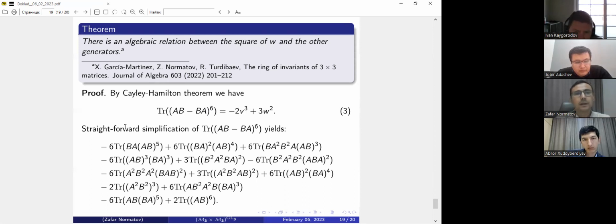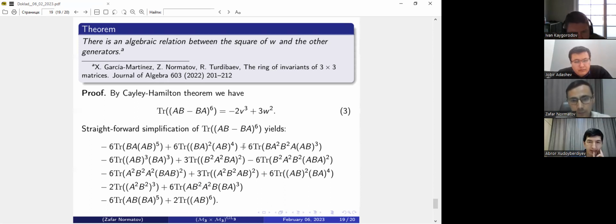So, and straightforward simplification of the trace yields the following form, right? And we also now use the Cayley-Hamilton theorem for the power which is greater than or equal to 3, right?